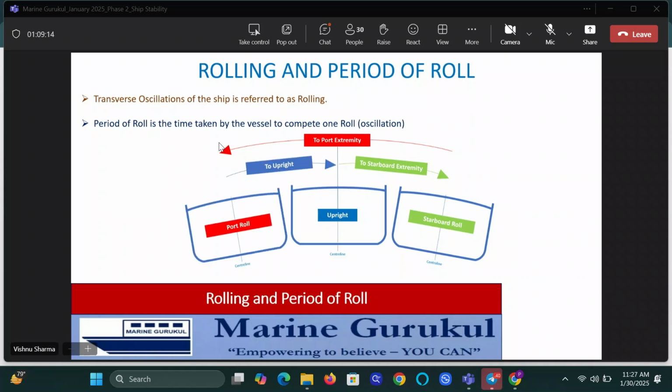This is one roll. Or if you start from, let us say, port extremity, you can see she goes to the other extremity and then comes back. This also is one roll. I'm sure we all know this. There's nothing much to talk about it.